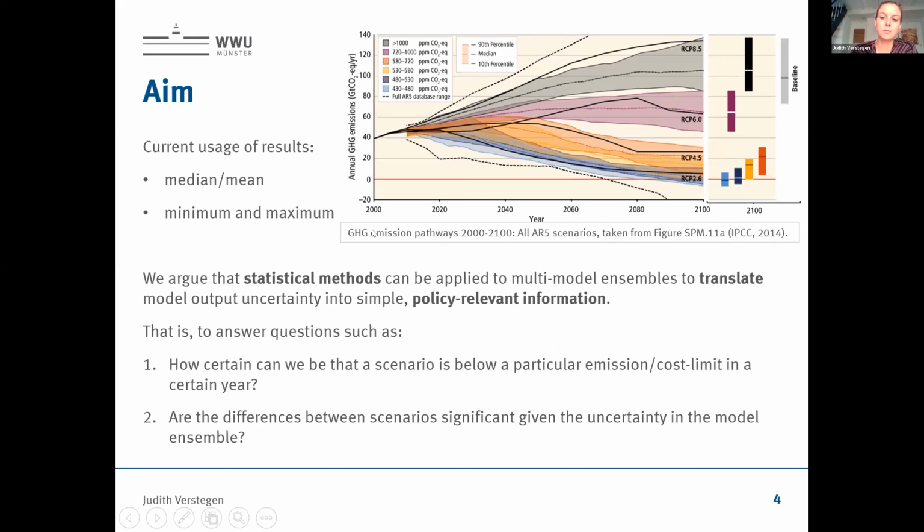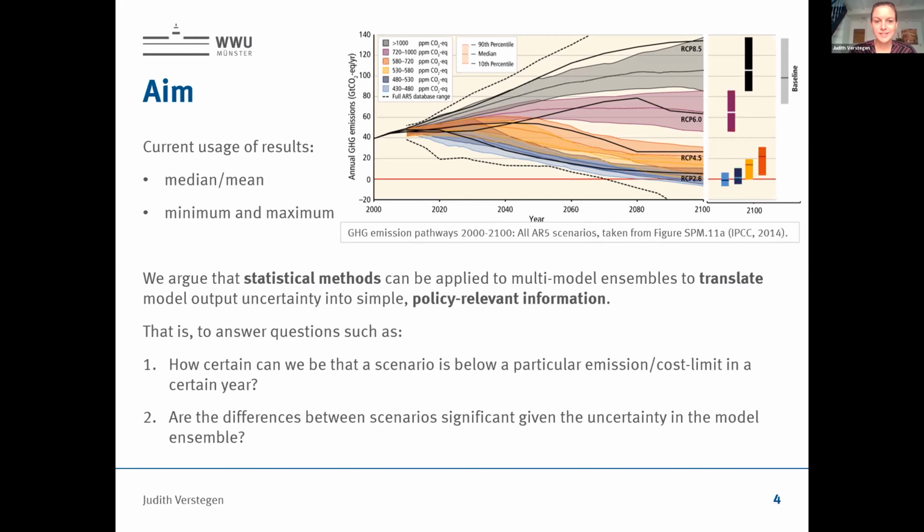Here you see an example of a figure from the IPCC report, where it's indicated what the annual greenhouse gas emissions are over time under different RCPs. And you see depicted here, for example, in gray, the range between the 10th and 90th percentile, which is a similar thing as the minimum and maximum, as well as with the dotted line here, the mean or the median.